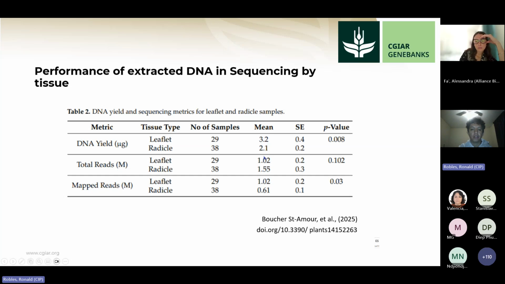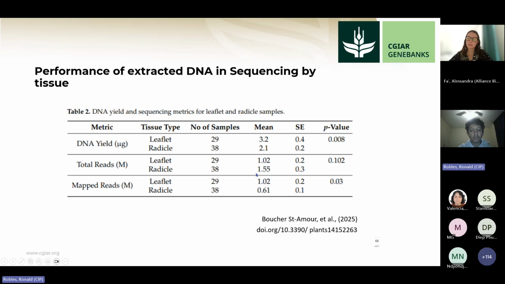But in the other rows, we see that, for example, for the leaf tissue, almost all the sequences that were obtained in a sequencing analysis of this sample belonged to the species: 1.02 sequence reads produced, and also 1.02 reads belonging to the species.